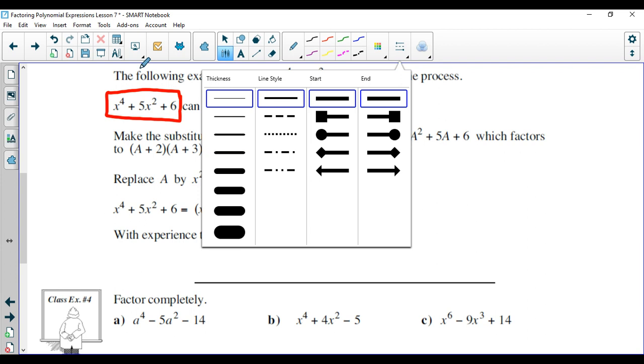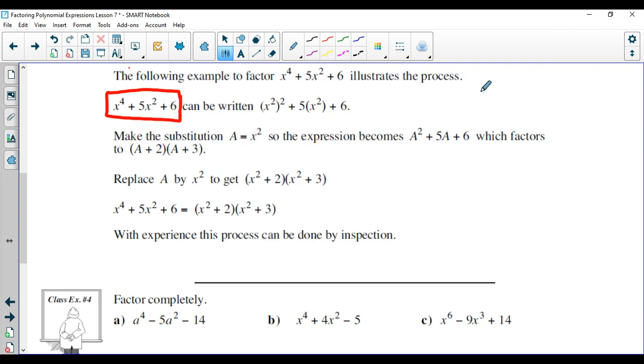Now, this is a problem because we can only factor trinomials that are in the form ax squared plus bx plus c. The issue is you have an x to the power of 4 as your first term, and an x squared as your middle term. What I want is x squared as the first term and an x as the middle term.